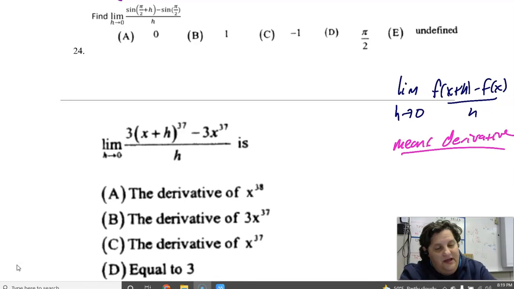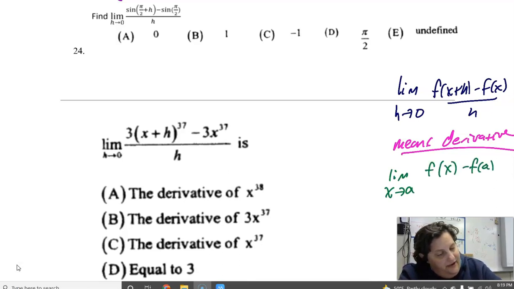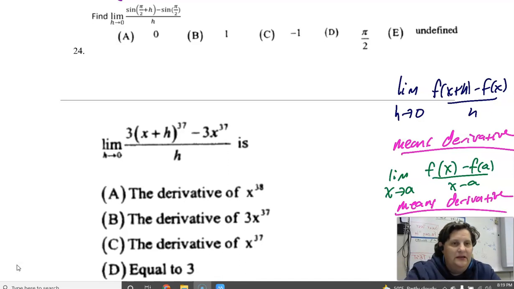If it follows this, limit as x approaches a, f of x minus f of a over x minus a. So again, I'm bringing 2 points really, really close together. That also means derivative. These are very, very easy AP questions if you remember that.